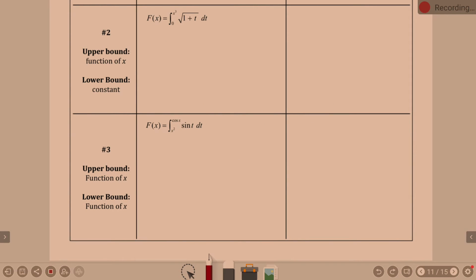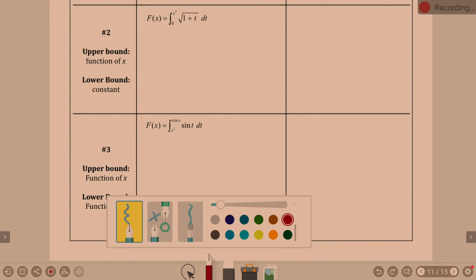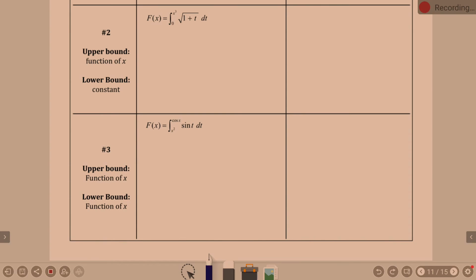And as we look at this next one, we're going to do a similar piece to the other one in that we're going to work through and find it. Okay, integral of the square root of 1 plus t. Well, that is 1 plus t to the 1/2 currently, yes?